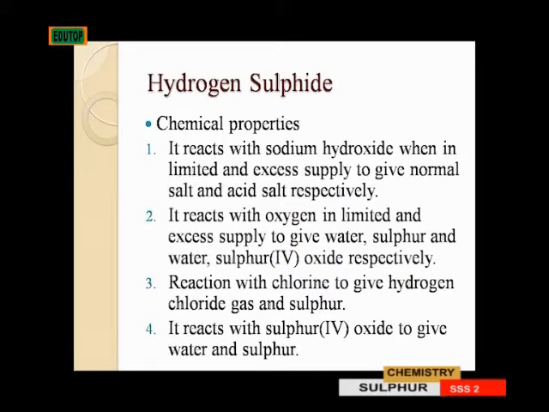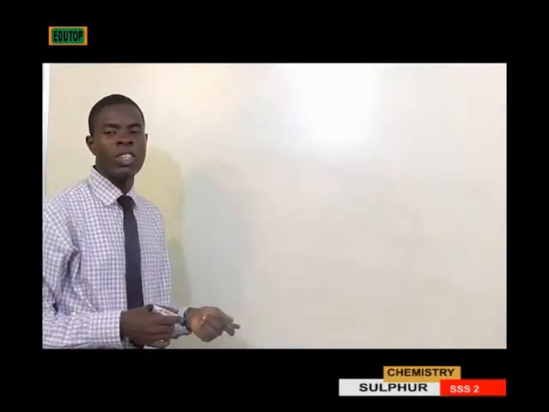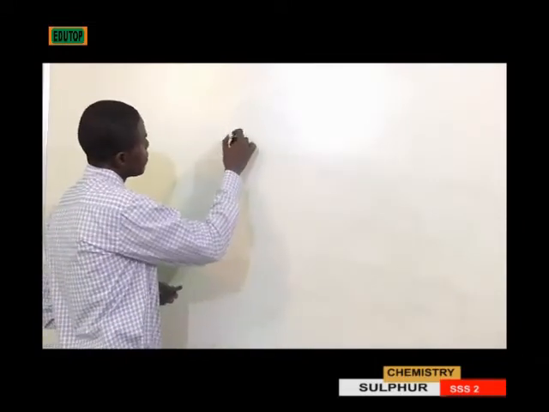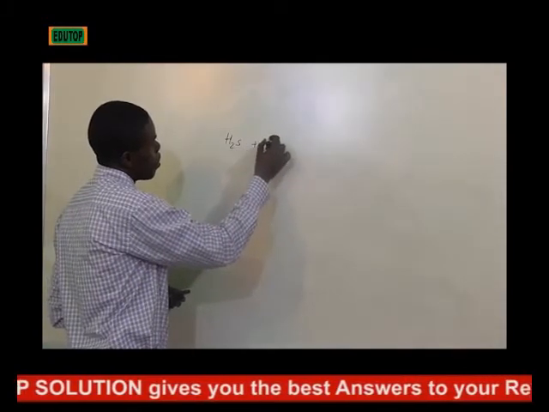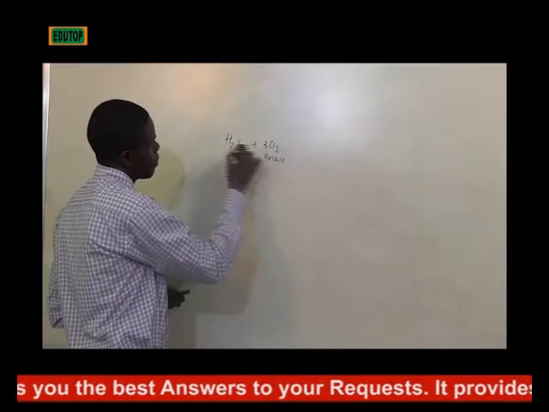2. It reacts with oxygen in limited and excess supply to give water and sulfur, and water and sulfur 4 oxide respectively. Based on the reaction with oxygen in limited and excess supply, hydrogen sulfide plus oxygen in excess supply gives water and sulfur 4 oxide.